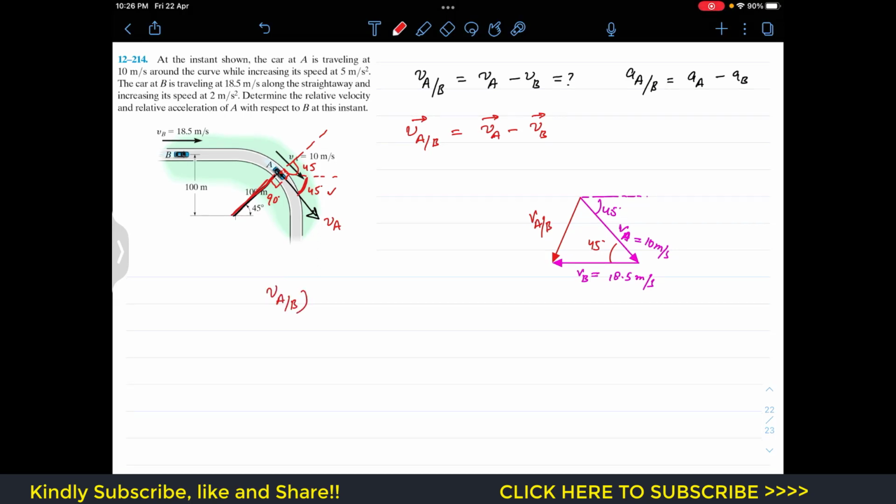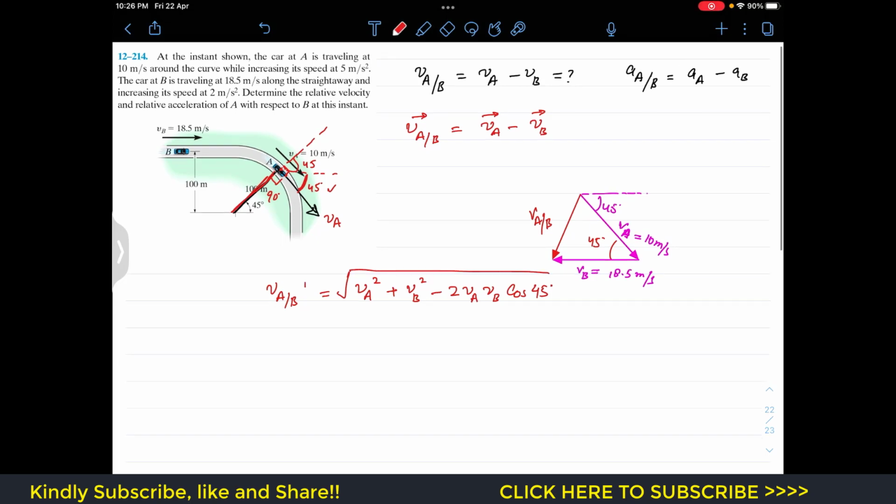So by using the law of cosines, VAB squared will be equal to VA squared plus VB squared minus 2 VA VB cos of the included angle, which is 45 degrees. Now if we want to find the VAB magnitude, we have to take the square root. Then this will give us the magnitude of the relative velocity of A with respect to B.